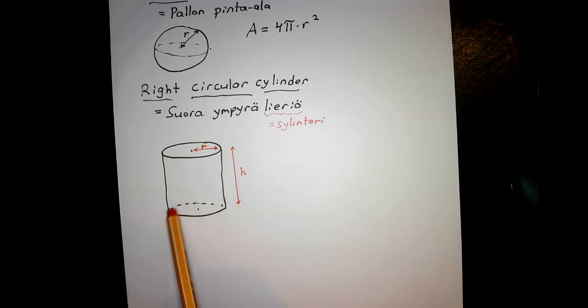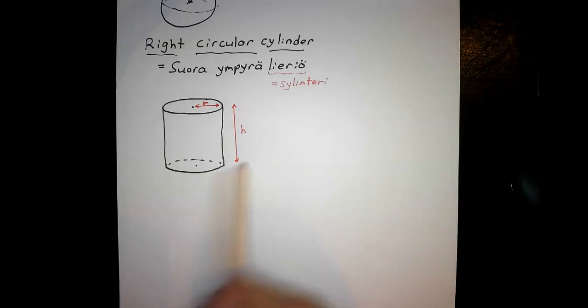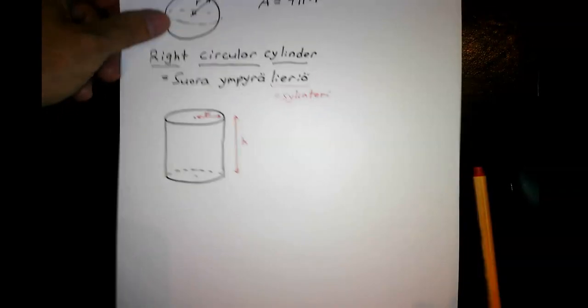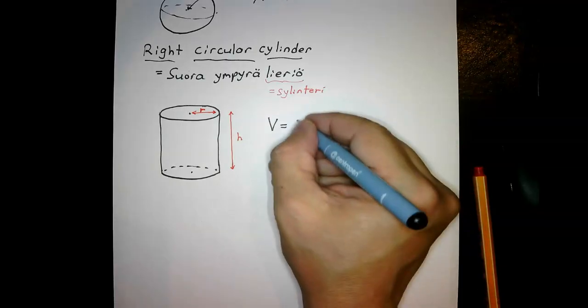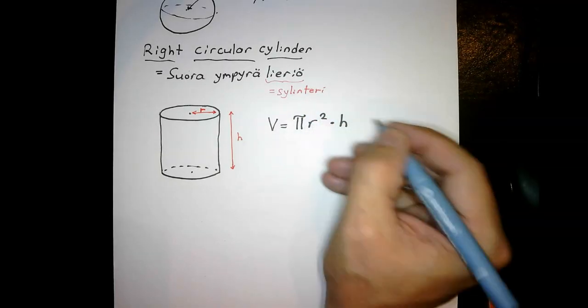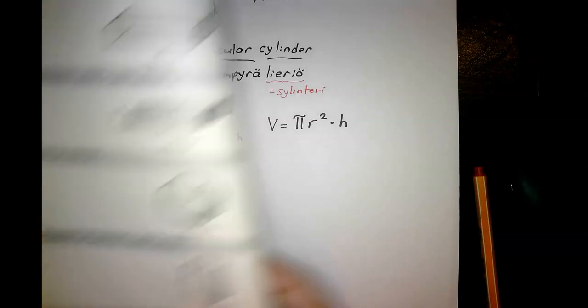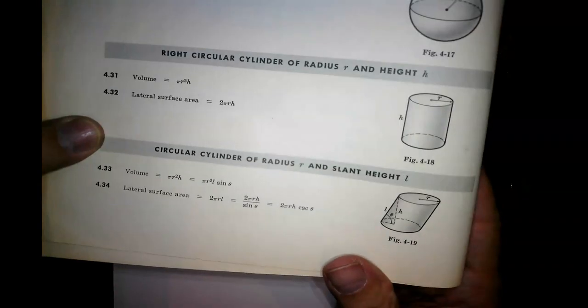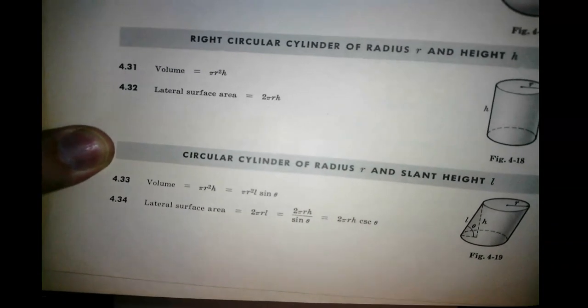If we multiply the area of this base with the height of the figure, we get the volume. So it is quite an easy formula. Volume equals pi r squared times the height of the figure. In this book, it was written in the same way.